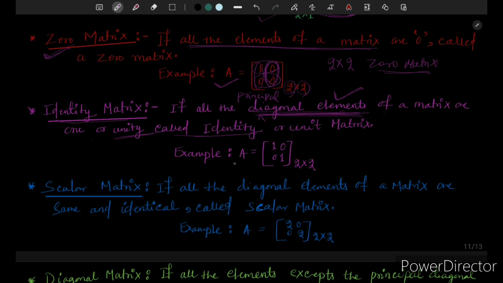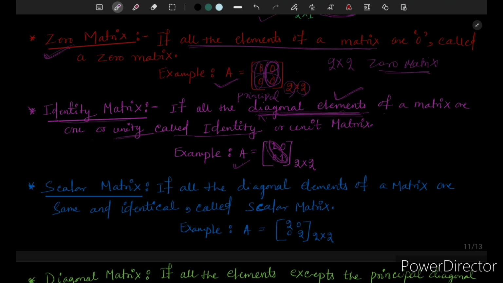Here I have given an example, A equals 1 0 0 1. This is a 2 by 2 identity matrix. You can see that this is a principal diagonal element, and this is a principal diagonal element. That means these are 1, unity. That's why this is called an identity matrix.